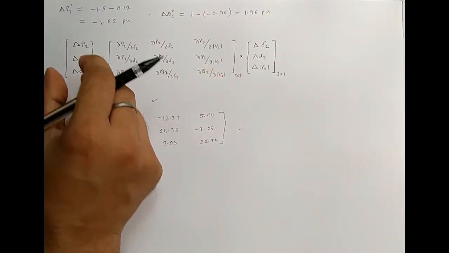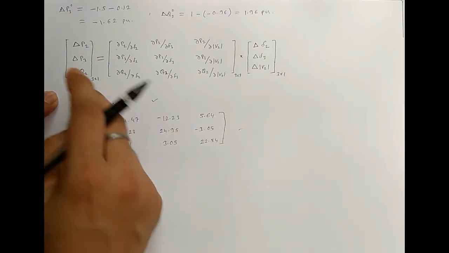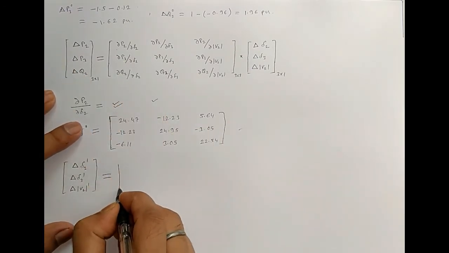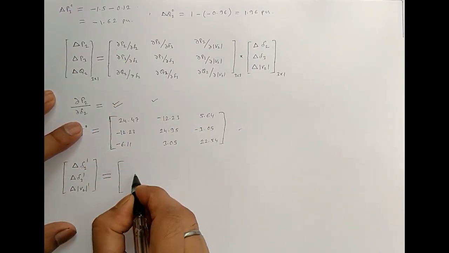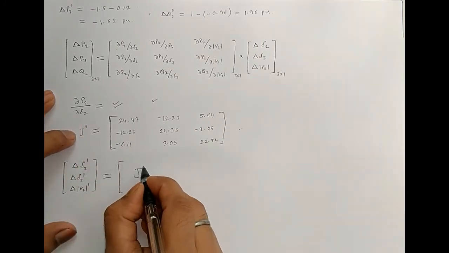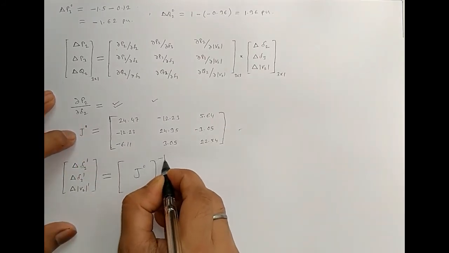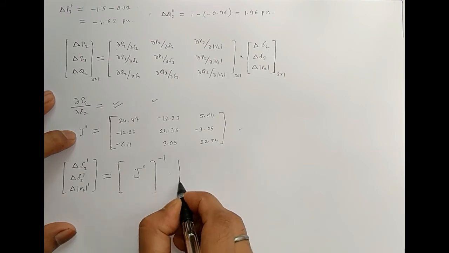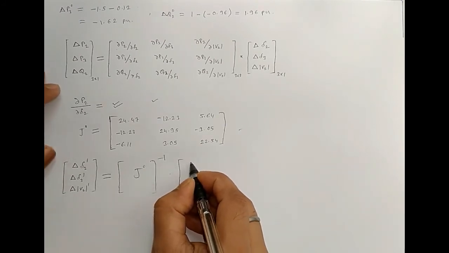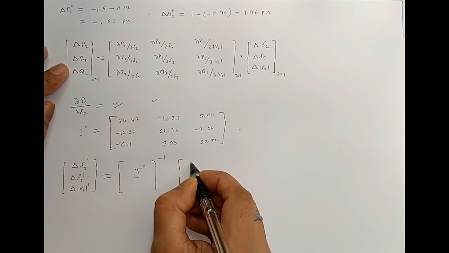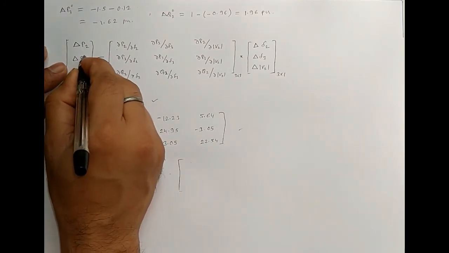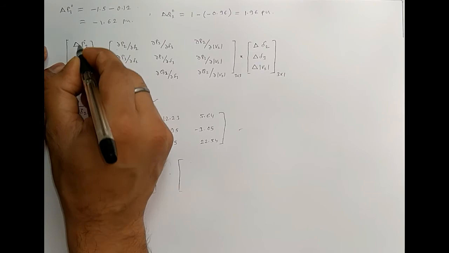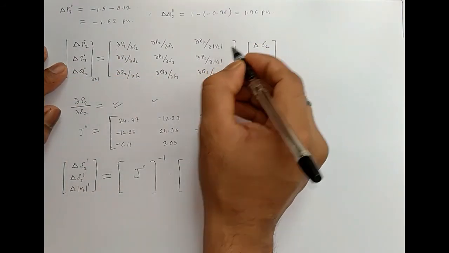This will be the inverse of this into this, that means this one inverse into what we have calculated. So for the zeroth iteration, this will be 0 0 0.